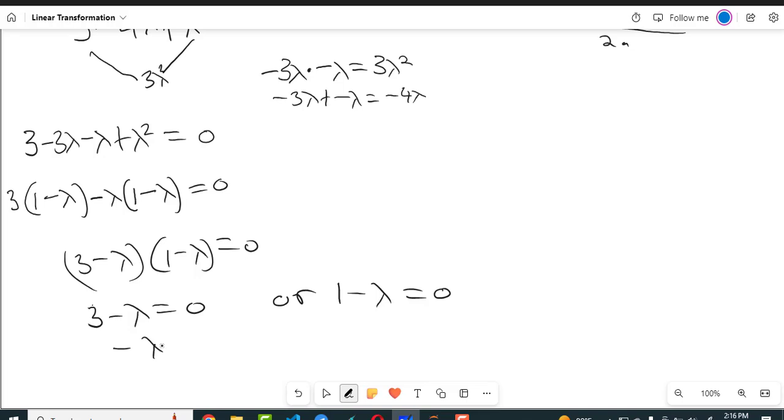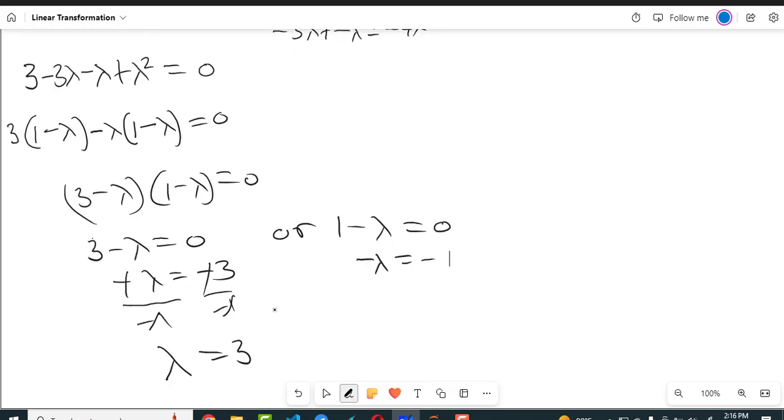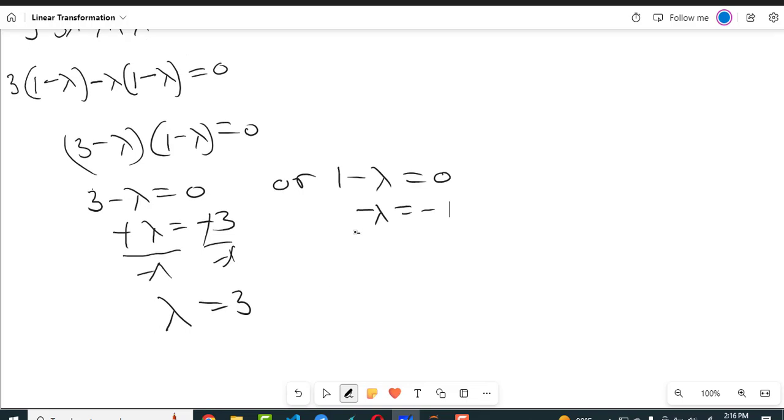So minus lambda is equal to minus 3, and minus lambda is equal to minus 1. Then we divide both sides by negative 1 and cancel the negatives. It means lambda is equal to 3, and also lambda is equal to 1.